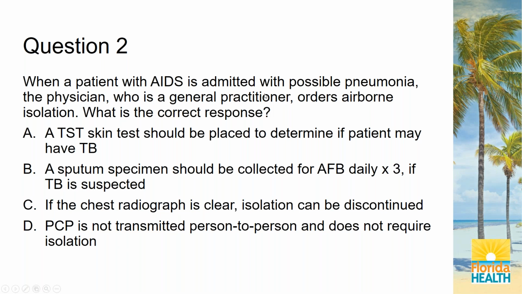And so the thought behind this one is that people with HIV are at high risk for developing TB. So if TB is suspected, you're going to want to make sure that the patient is placed in airborne isolation and that a sputum specimen for acid-fast bacilli should be collected daily times 3. Okay? And why would D be incorrect?